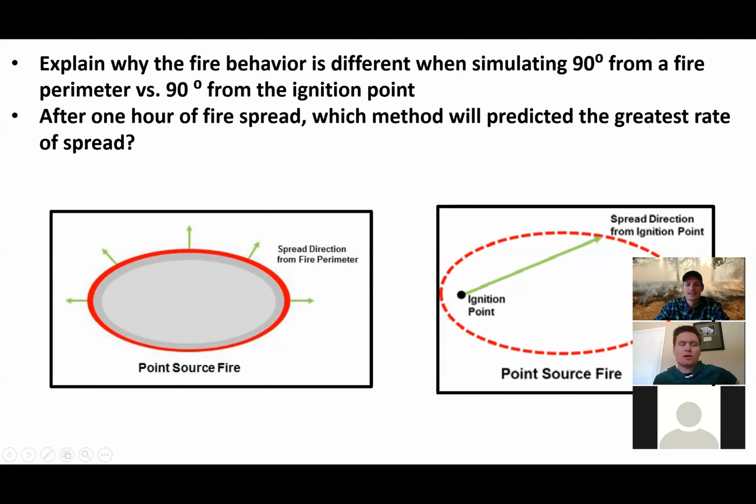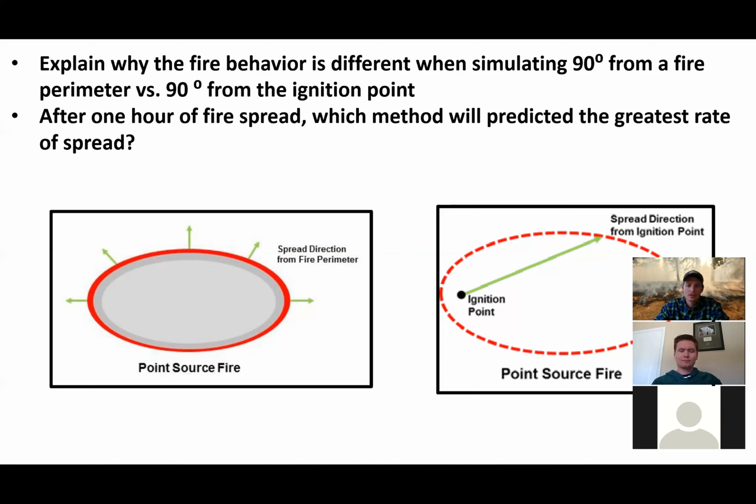So 90 degrees from the ignition point is going to be a shorter distance, from the ignition point to the edge, but 90 degrees from the fire line would be right from the exact middle.